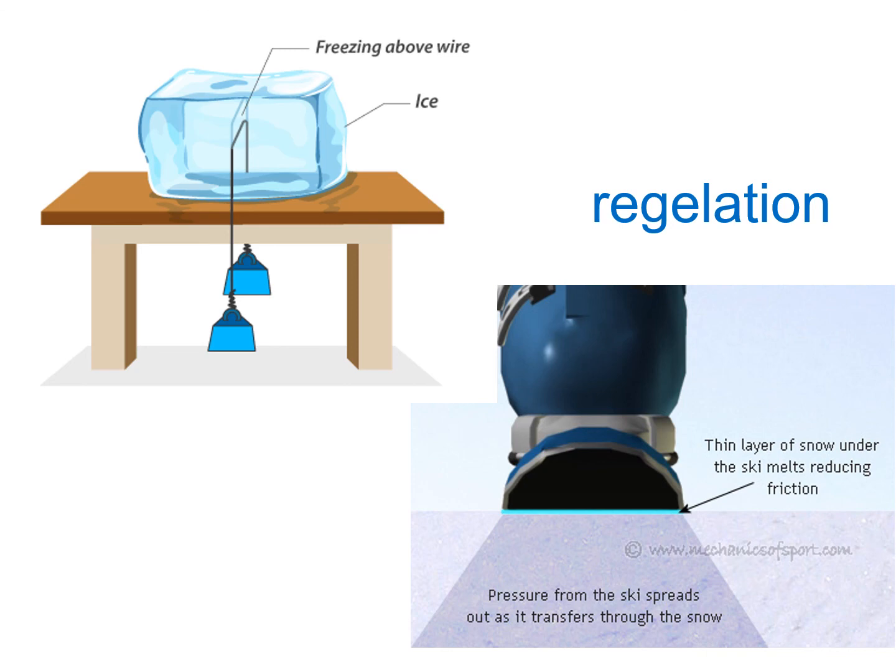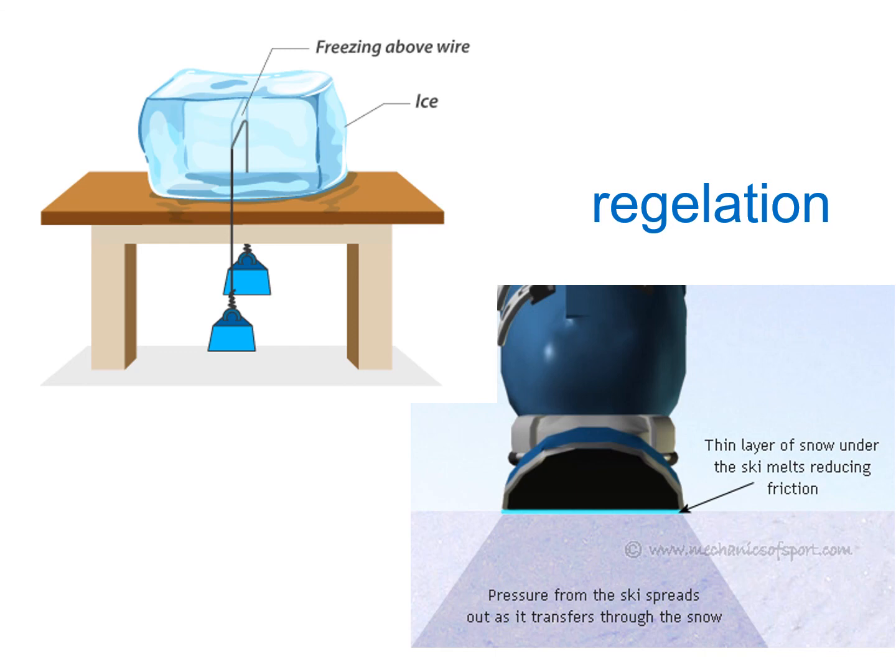As the ice melts, the wire will start going down through the ice, but because the temperature is so low, the liquid water above the wire will immediately go back to solid. So actually what happens is that the wire can go through, it's a relatively slow process, so the wire can go through the whole block of ice without actually cutting it.